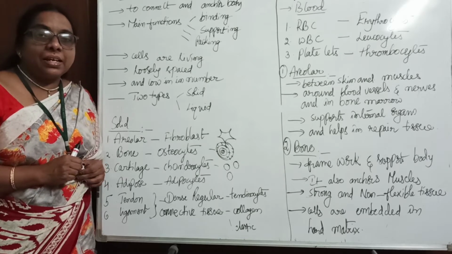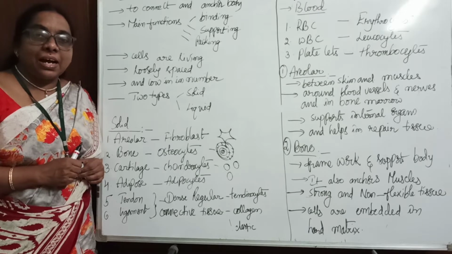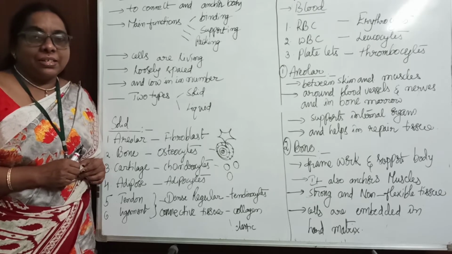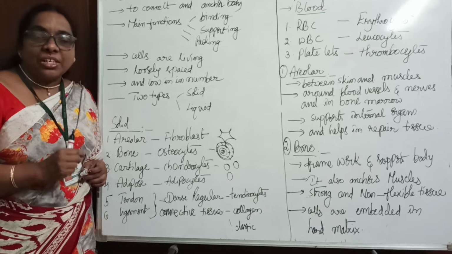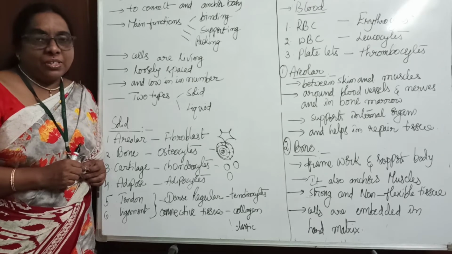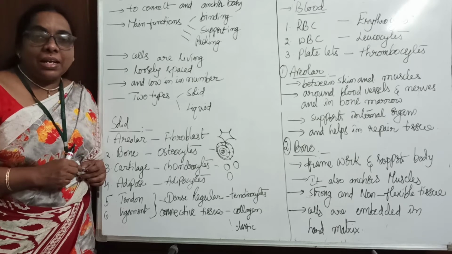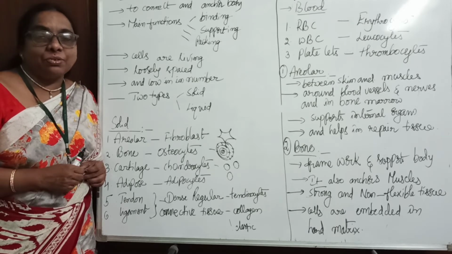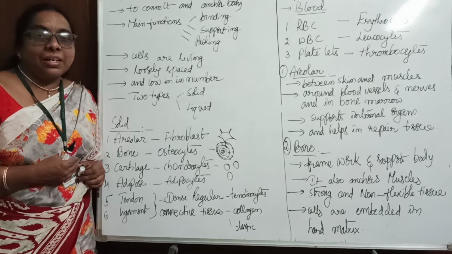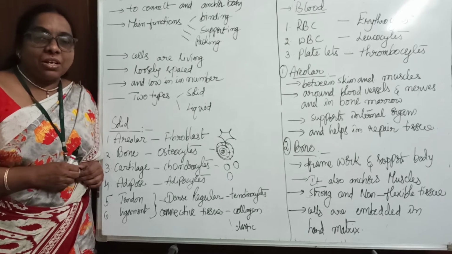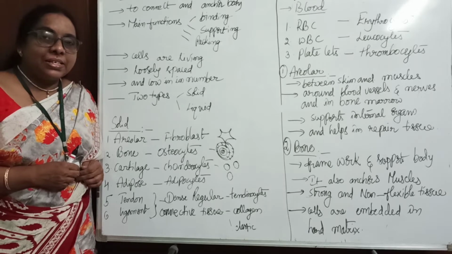Third is cartilage tissue, the cells are chondrocytes. Fourth is adipose tissue, the cells are adipocytes. The last two, tendon and ligament, come under dense connective tissue, and the cells are called tendinocytes, and in the ligament there is a protein called collagen. Is it clear, children?